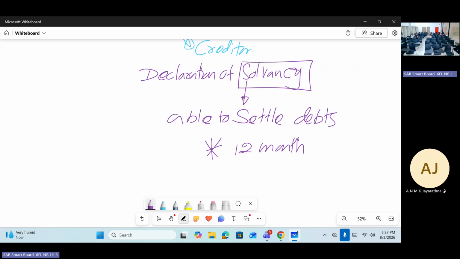If they are able to give this declaration, then it becomes a shareholders voluntary winding up.